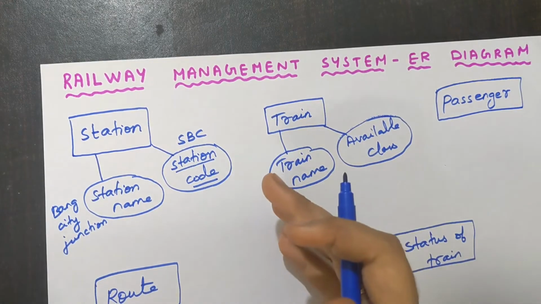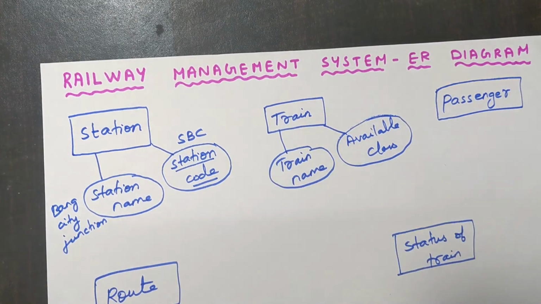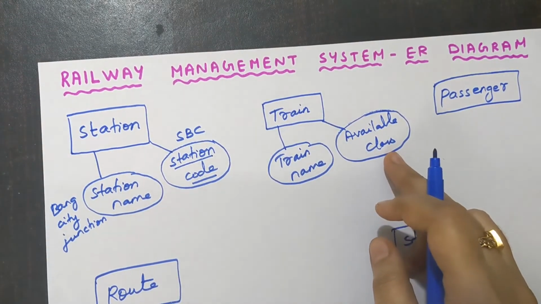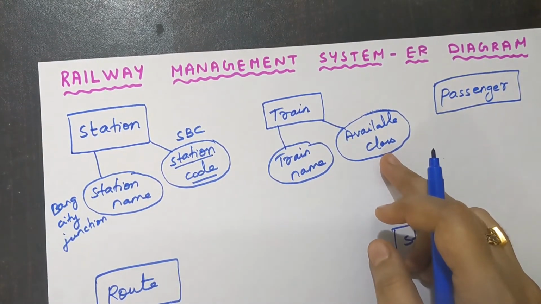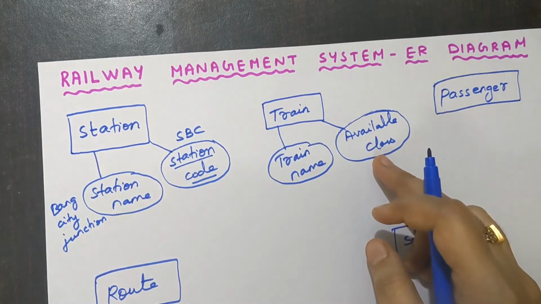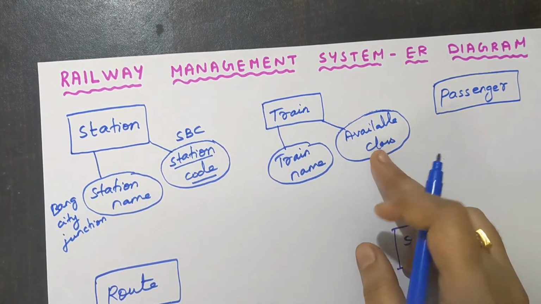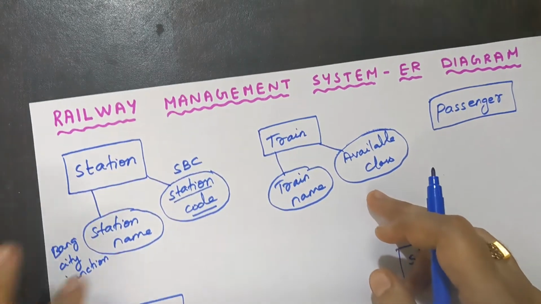In this particular train, what are all the classes available? You cannot expect all trains to have a sleeper coach. Some trains do not have it, but some trains do. So available classes, that is whether the train has sleeper class or AC class, whatever they have, the details about that come under this available class.